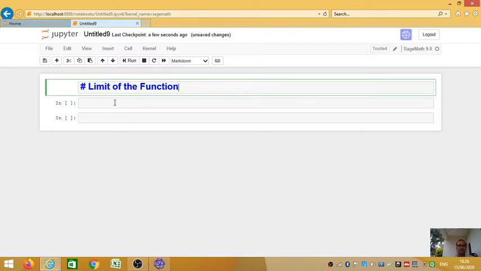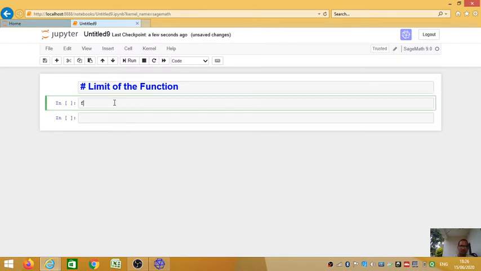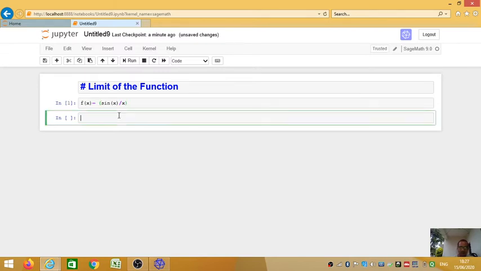This is in blue color. Right now I will insert a function here. Function f of x equal to sin of x upon x. This is my function, right? Okay, I will find the limit.